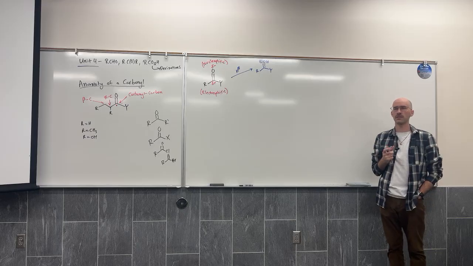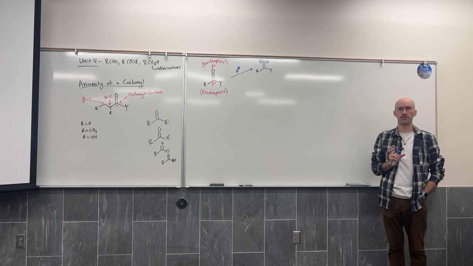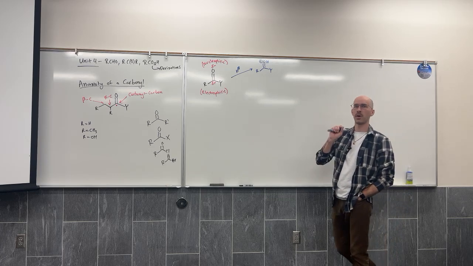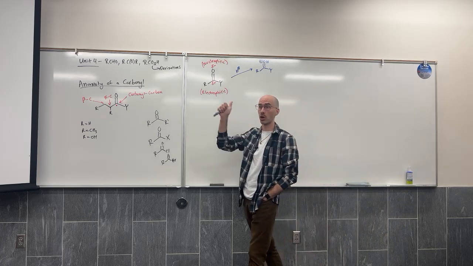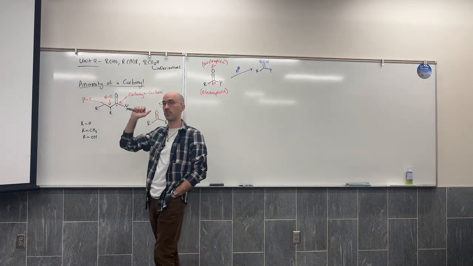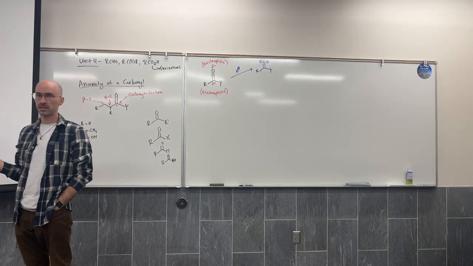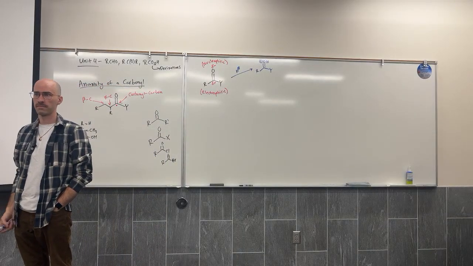How does this change the partial charge around the carbonyl? Does it make the partial positive larger? Does it make the partial positive smaller? Or does it have no impact on the partial positive of the carbonyl? What's your intuition tell you?